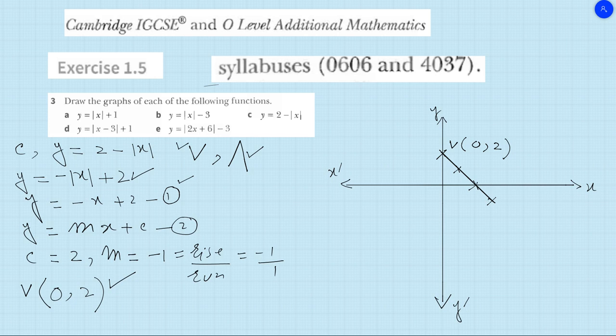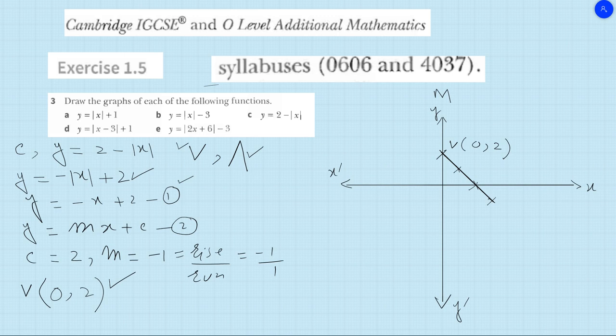So in this case, part C, you can see y is equals to 2 minus absolute x. Therefore, the graph should be the inward V shape. So this is our mirror line. Mirror line means where the vertex is located.